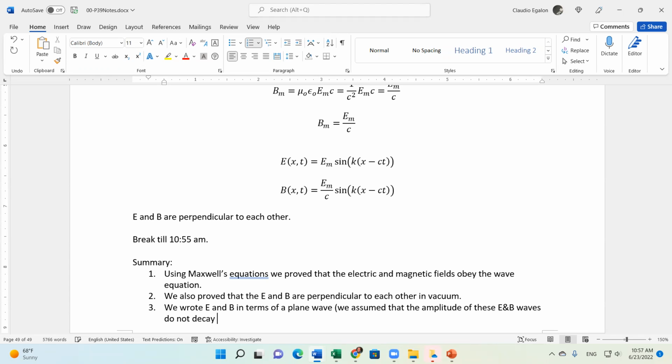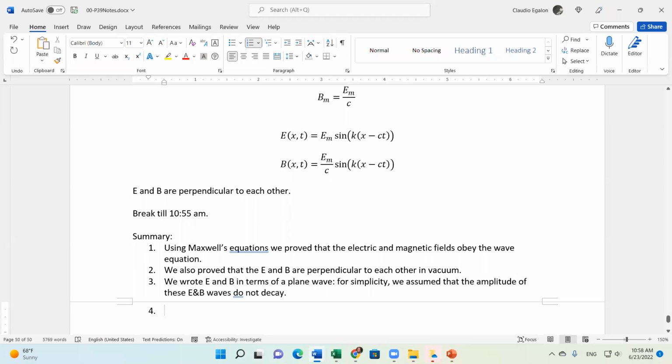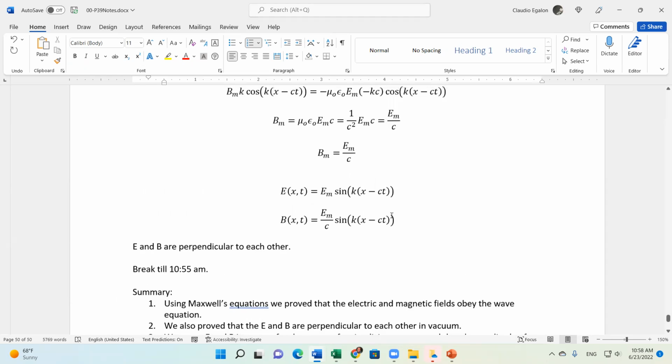We did that for simplicity. In reality, these electromagnetic waves do decay as the distance increases, going as the inverse of the square of the distance. Okay. What else did we do?